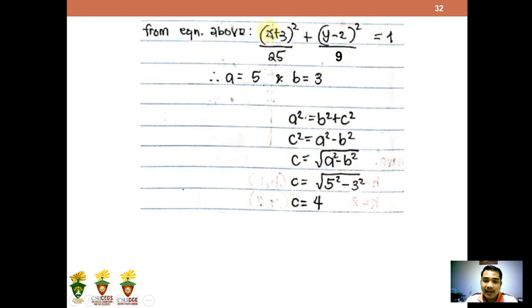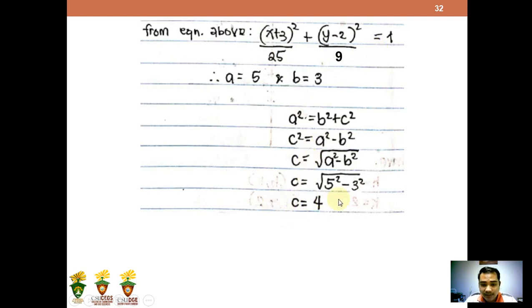So x minus h over a squared plus y minus k over b squared is equal to 1. So therefore, a squared is 25, so a is equal to 5. So we take the square root.